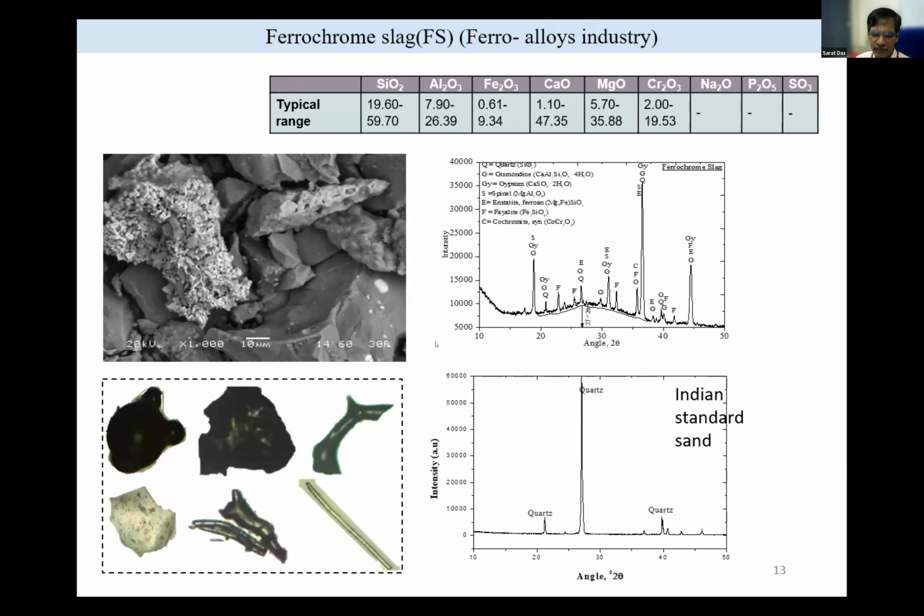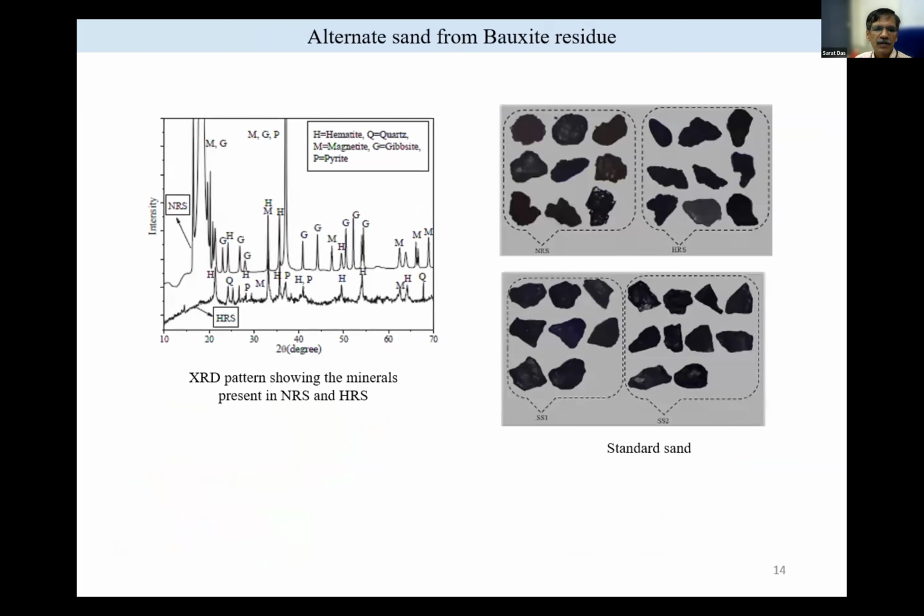So what happened was, when people tried to use it directly in construction, there was a reaction and many cracks in the structure. Similarly, another waste I collected is the bauxite residue. There also, if you see, it shows hematite, magnetite, and all these things.